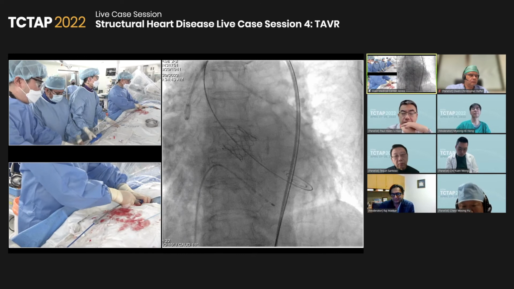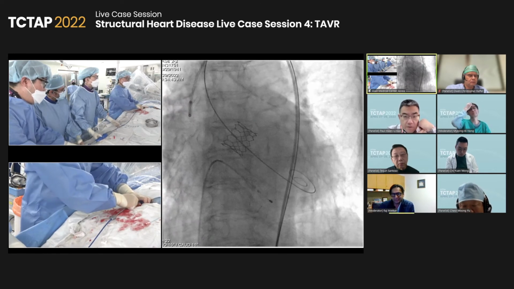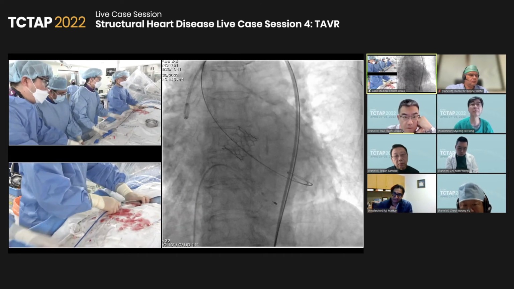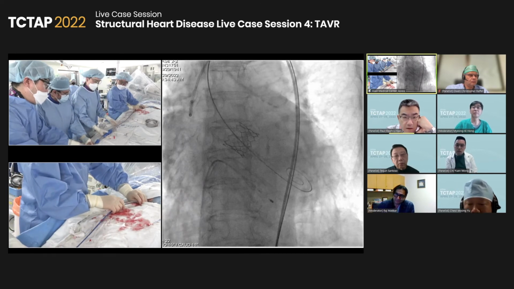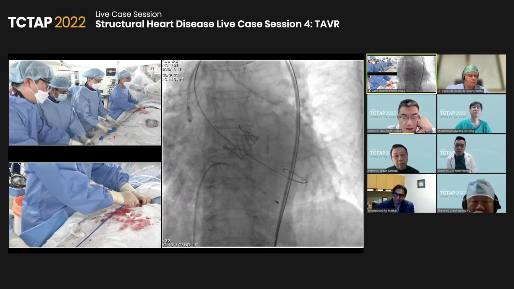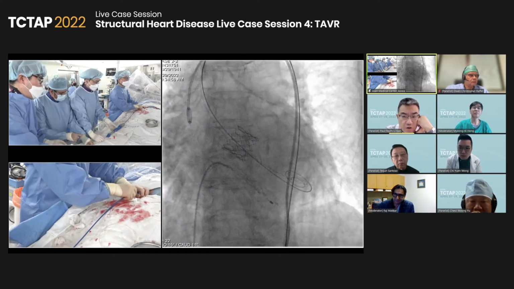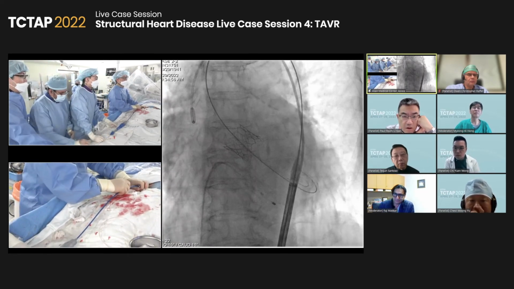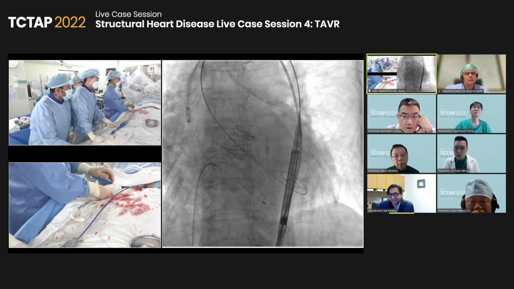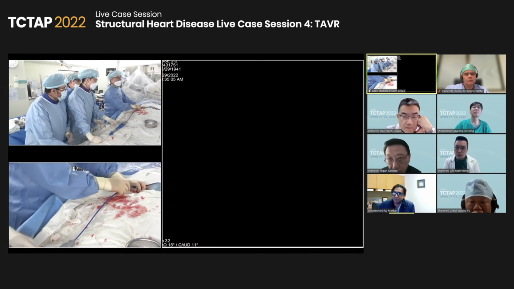Okay, well, may I ask the panelists, in this kind of degenerative valve procedure, would you do neuroprotection? I think the true answer is we don't know, but I think it would be reasonable.